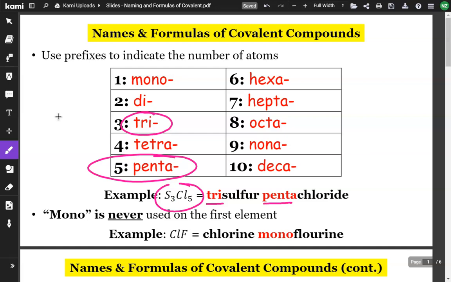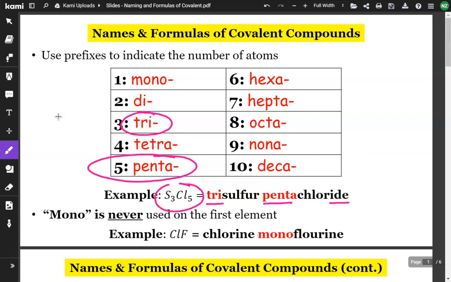But we're going to change the ending to chloride, just like we change the ending of our anion in ionic compounds. I leave the first term alone. I don't change sulfur to sulfide, just like I don't change the cation in an ionic compound. So trisulfur pentachloride.